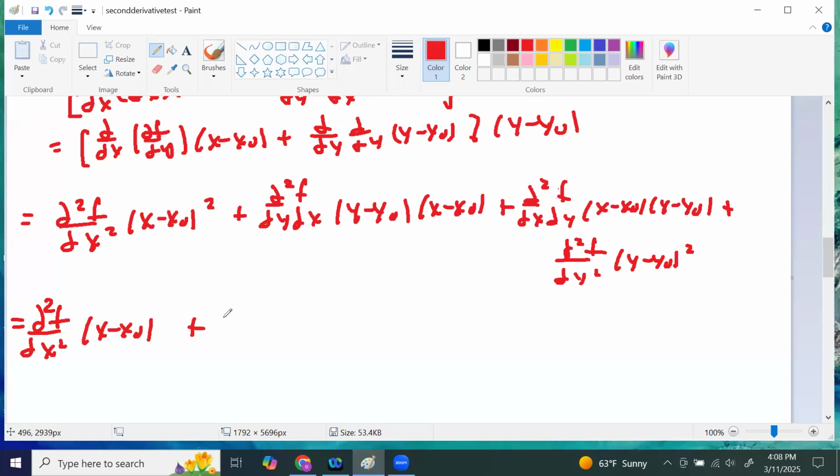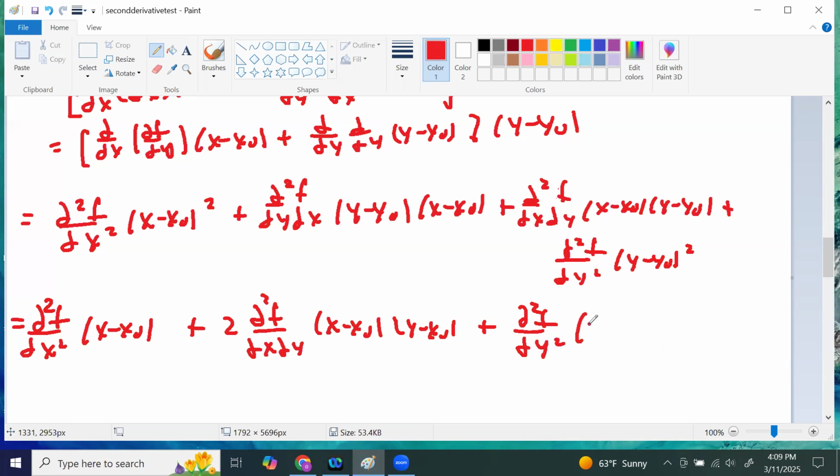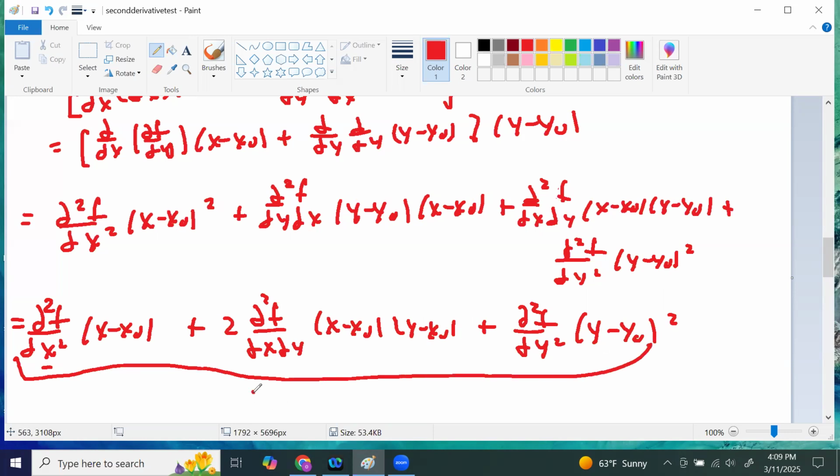And there's two of these. Well, this isn't quite the second term yet. Plus. Okay, now keep in mind that all of this is g double prime of t.